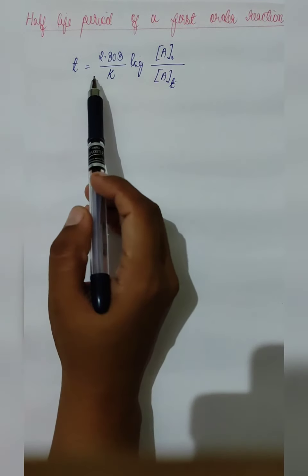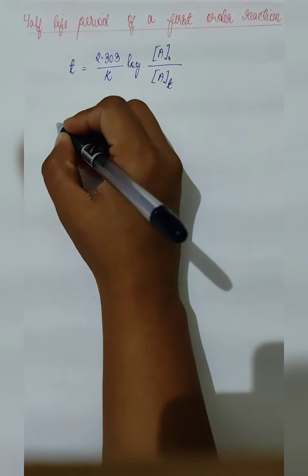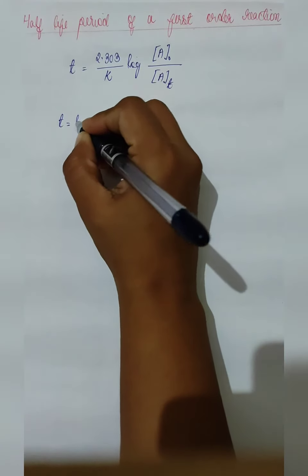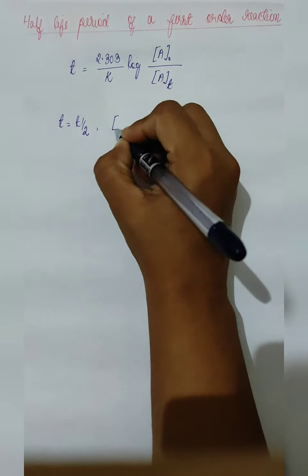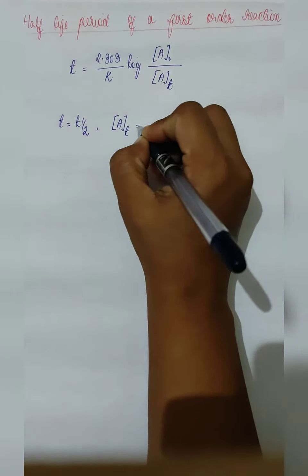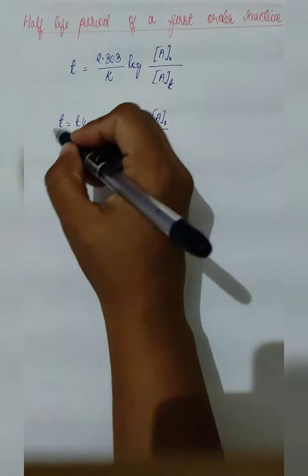That is what half-life time or half-life period means. Now we already got the integral rate expression for first order reaction. By definition, at the half-life period, that is T half, the final concentration will become half of the initial concentration.